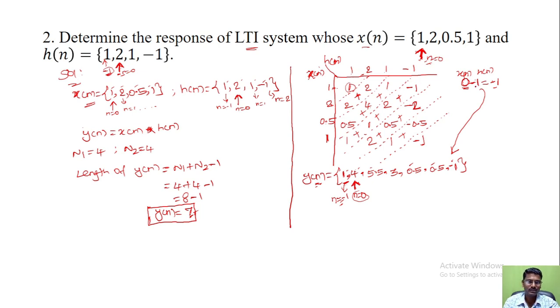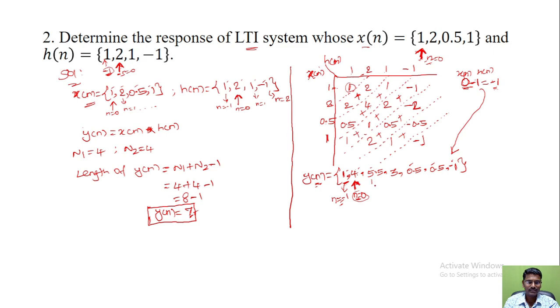So I need to add both. So 0 minus 1, I will get minus 1. It represents that in my output the sample starts from minus 1, right? So I have represented n is equal to 0 at my second sample.